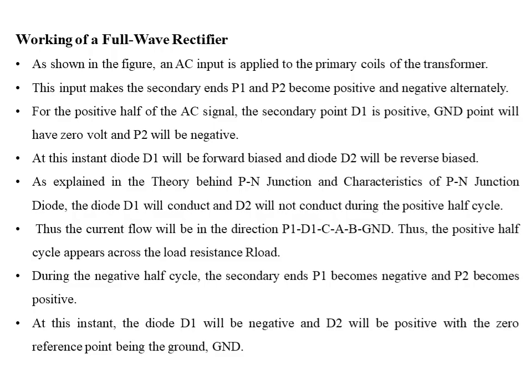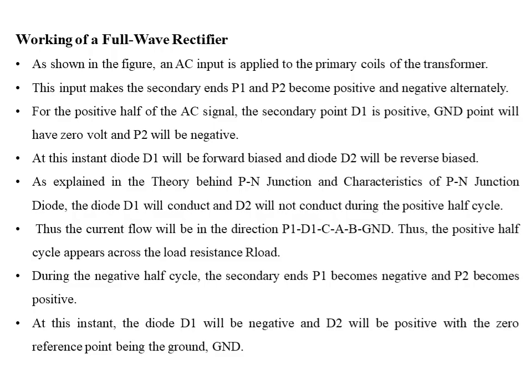As explained in the theory behind the PN junction and characteristics of the PN junction diode, the diode D1 will conduct and D2 will not conduct during the positive half cycle. Thus, the current flow will be in the direction P1, D1, C, A, B, ground. Thus, the positive half cycle appears across the load resistance RL.